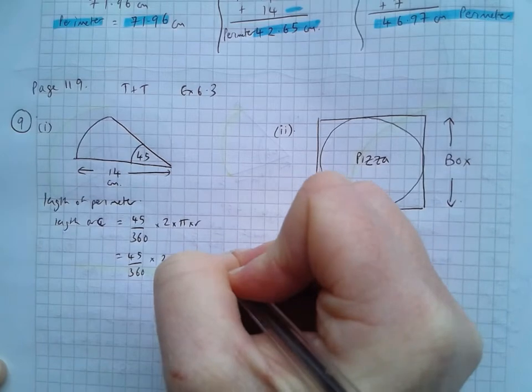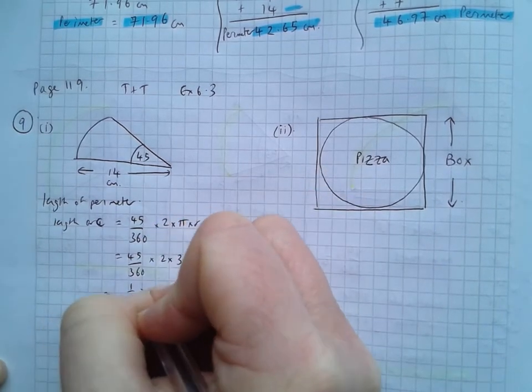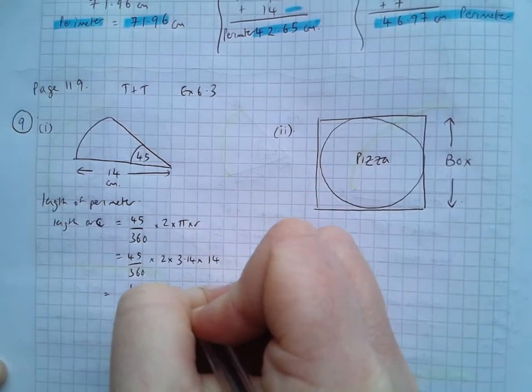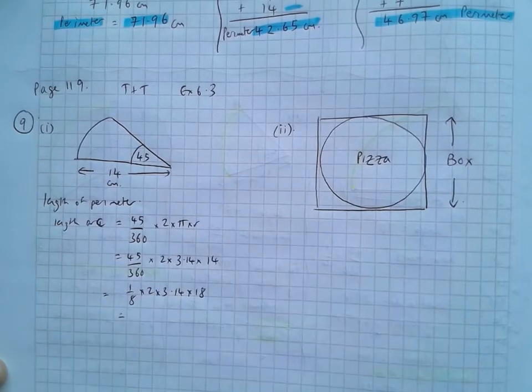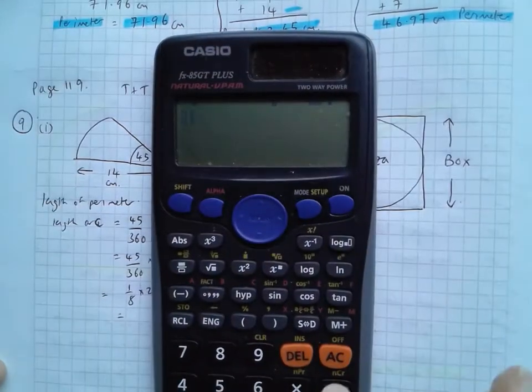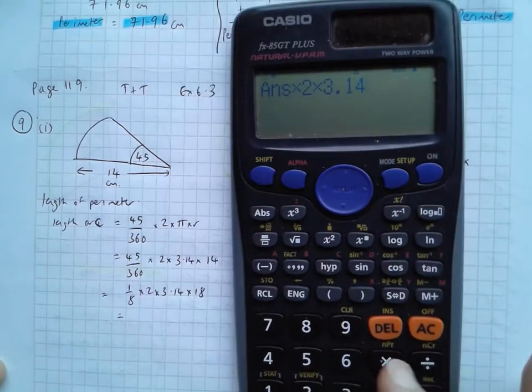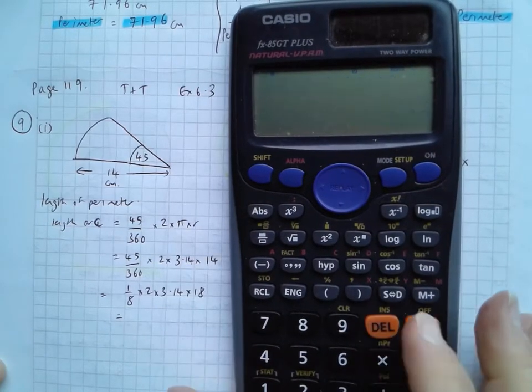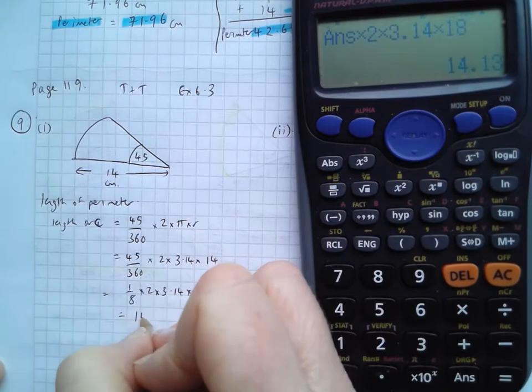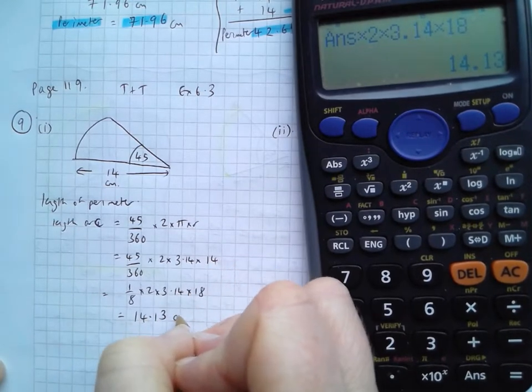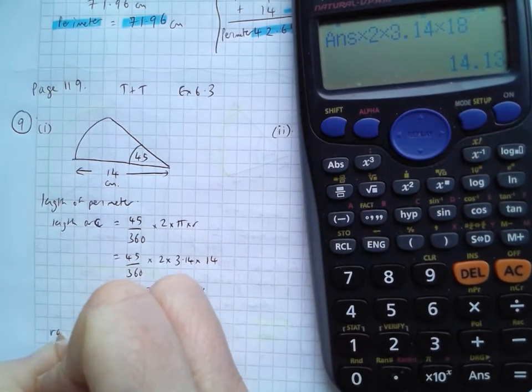So what's that? 1/8 times 2 times 3.14 times 14. So whatever that is. 1 divided by 8 times 2 times 3.14 times 14 equals 14.13. 14.13 centimeters.